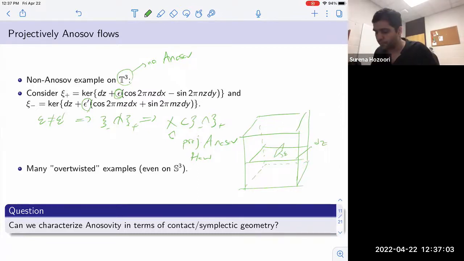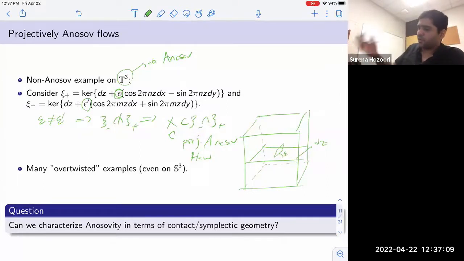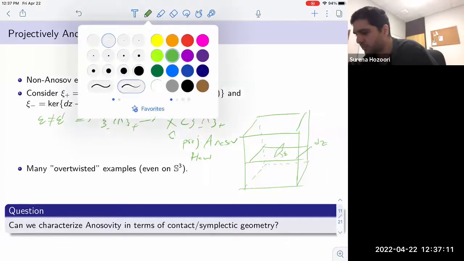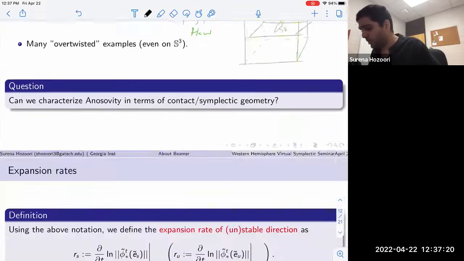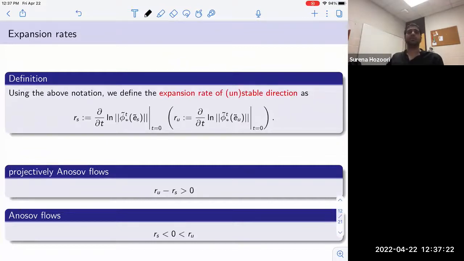So the natural question we can ask here is, now that we have a characterization of projectively Anosov flows purely in terms of contact and symplectic geometry, can we characterize Anosov flows in terms of contact and symplectic geometry?